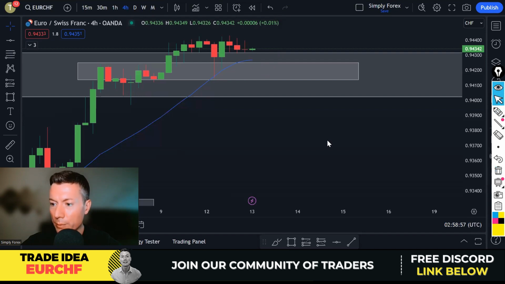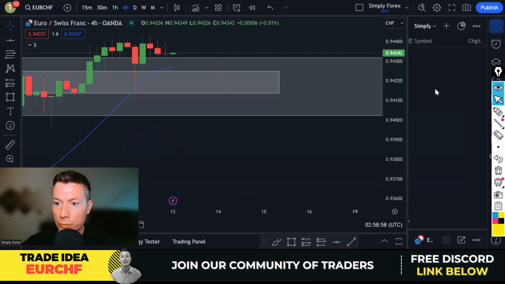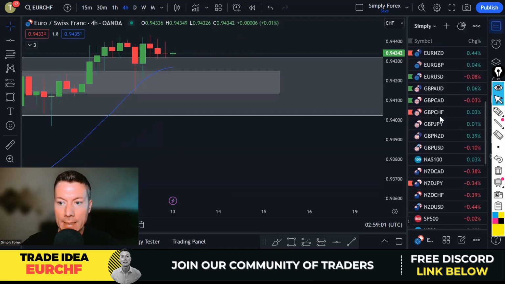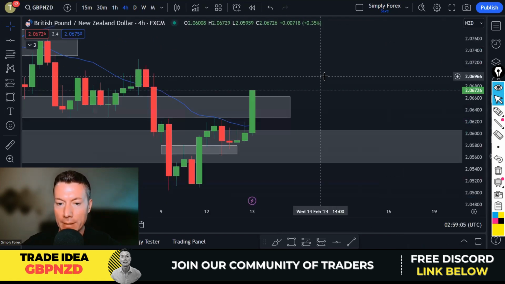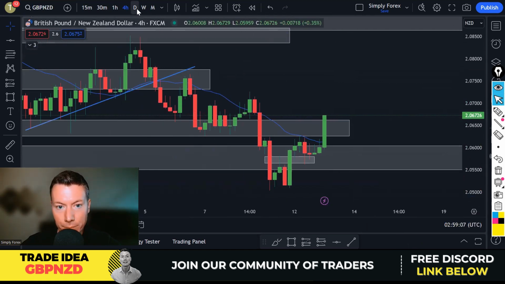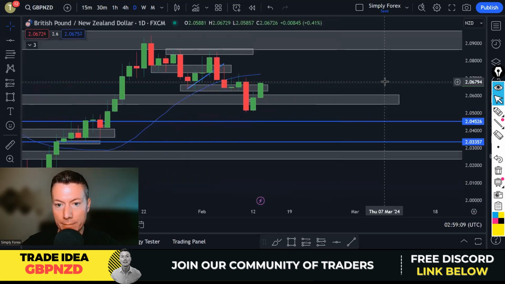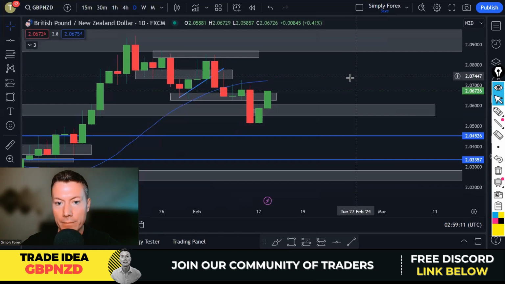There's one more trade we're looking at today, and it's pound New Zealand dollar. This has been an interesting, sort of tricky trade, right? If we drop down to the day chart, you have to consider that our trade idea is only wrong if it breaks this level.